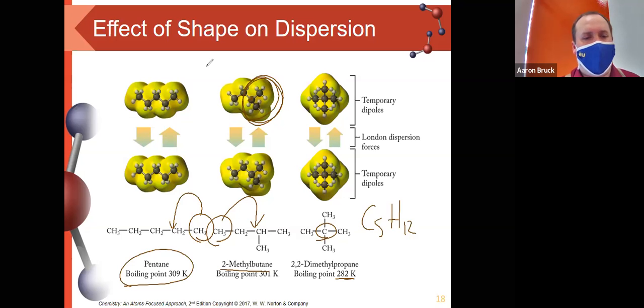And again, the reason why is this carbon in the middle is now pretty much completely inaccessible. The only points of contact are just on those end groups, whereas we had pretty much contact all over the original pentane and over most of the methylbutane.